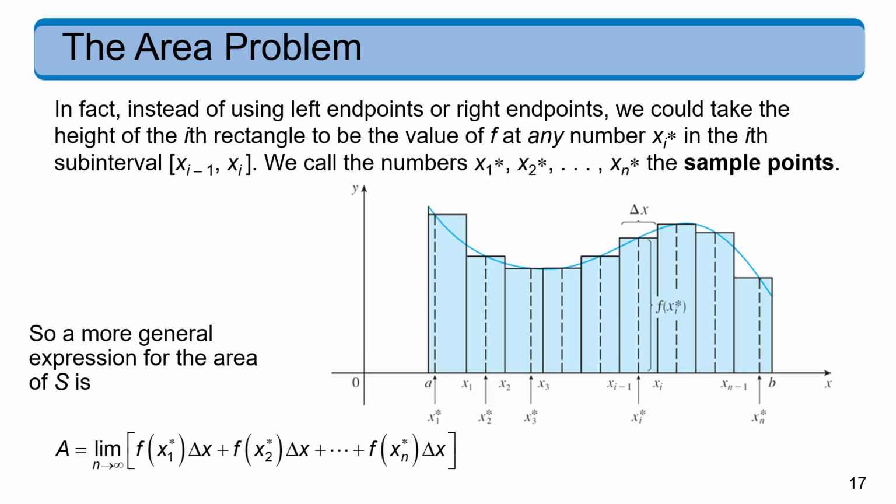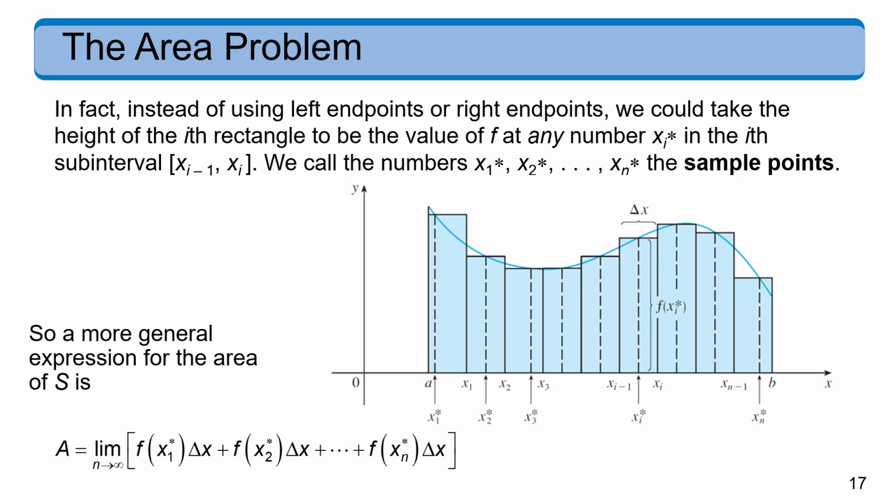Now that we saw that for finding the area using our strategy, it doesn't matter if you chose the heights of the rectangles using the right endpoint or the left endpoint of each subinterval, we can now extend that and think of other ways to choose the height that are different from the right or left endpoint. And this is the idea we're introducing here of using a sample point.